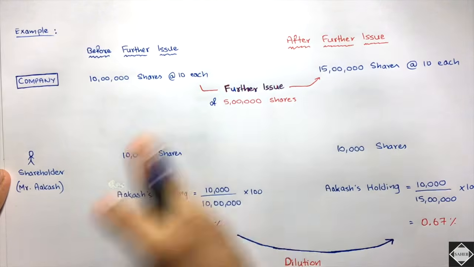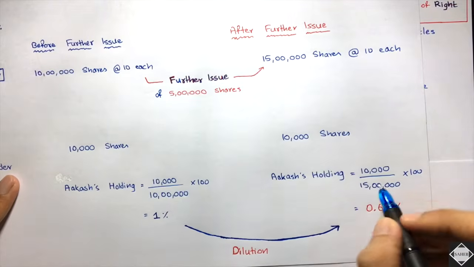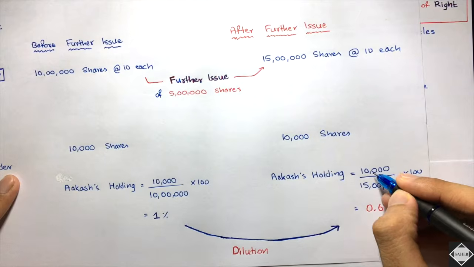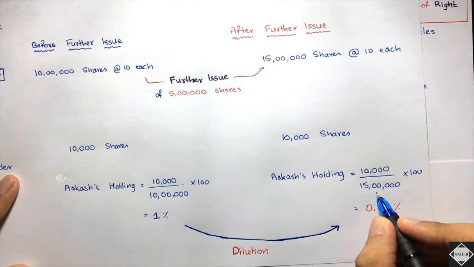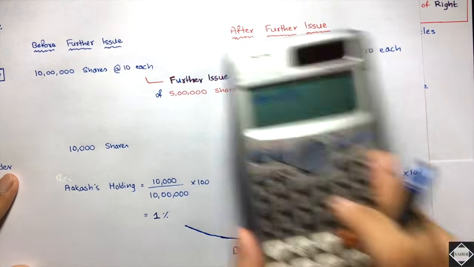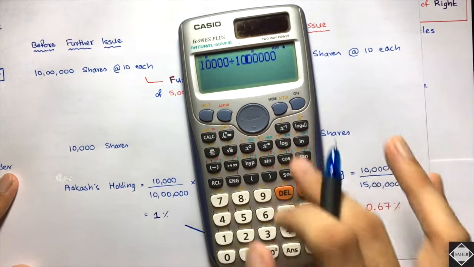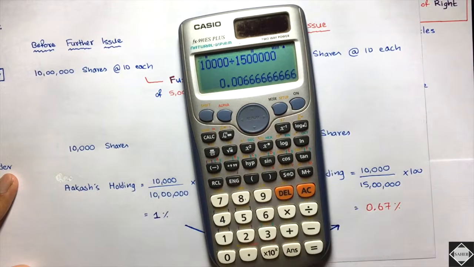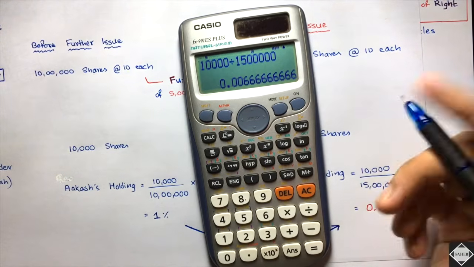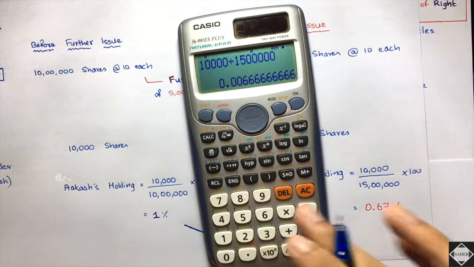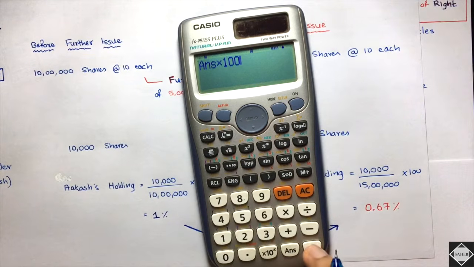But after the further issue, the denominator increased. 10,000 divided by 15 lakh. So if that is the case, then the ratio, the percentage, the control percentage of Akash has come down. How much is it? Into 100, how much is it?